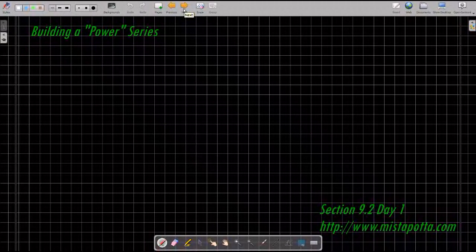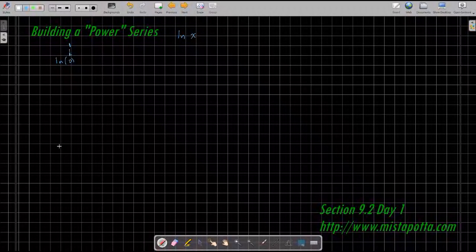So I want to talk about how we would exactly go about building a power series. So let's say that I want to figure out something about the natural log of x. Now, the problem I'm going to run into is that I can't really take the natural log of 0. So I'm going to want to substitute some other number that's easy to take the natural log of, like 1.